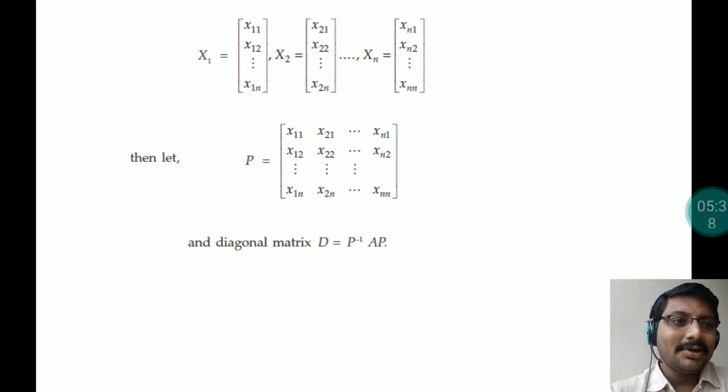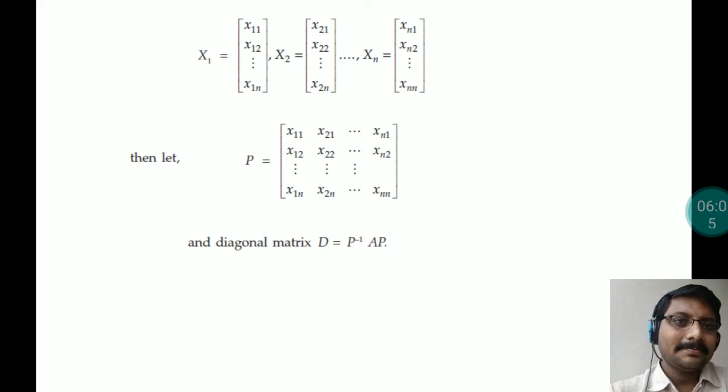The matrix looks like lambda 1, 0, 0 and so on, 0, lambda 2, 0 and so on, and the last element is lambda n. Such a matrix is known as a diagonal matrix.